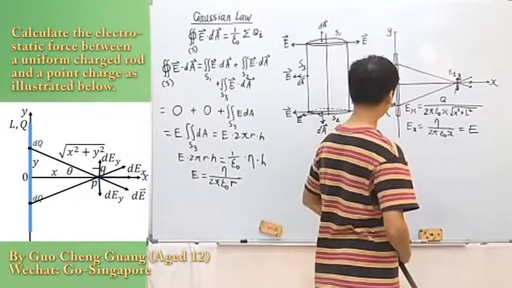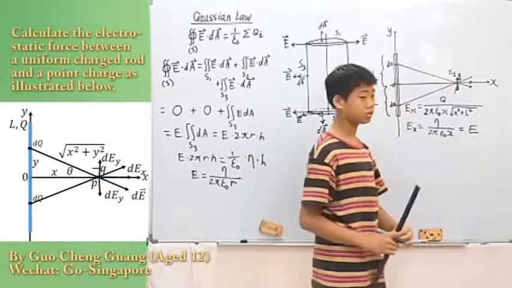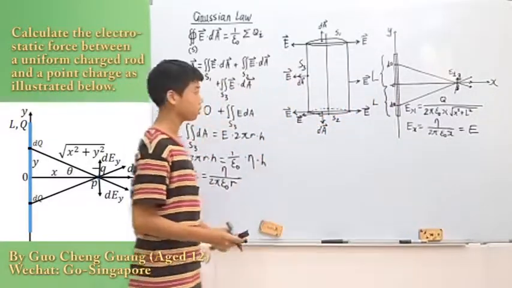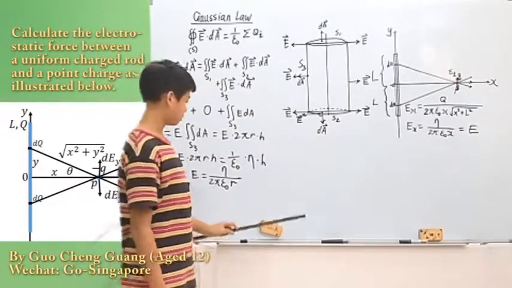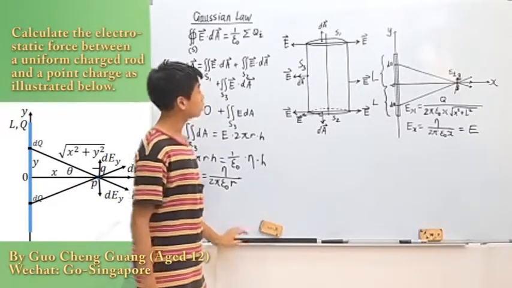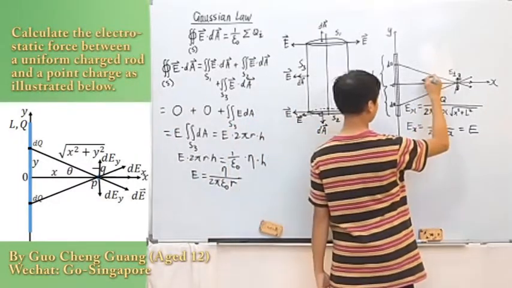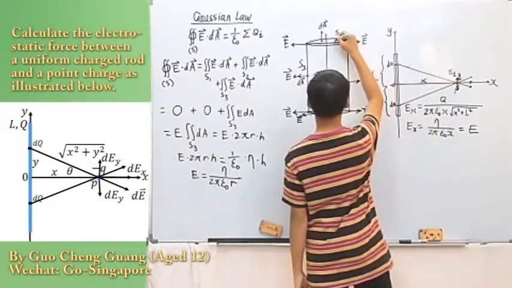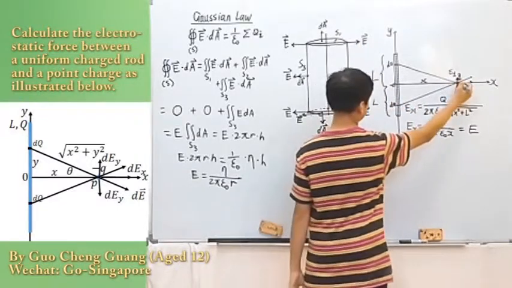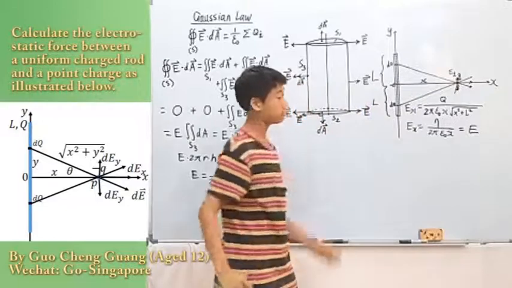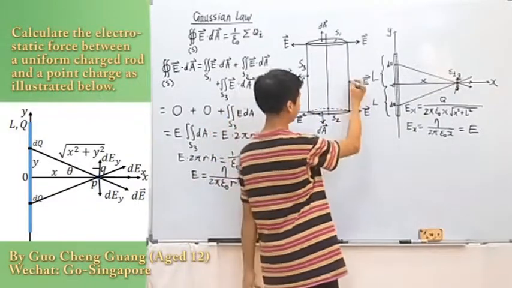So here we used x, here we used r. They can just be at this point, or somewhere around this line here. For example, it may be here.